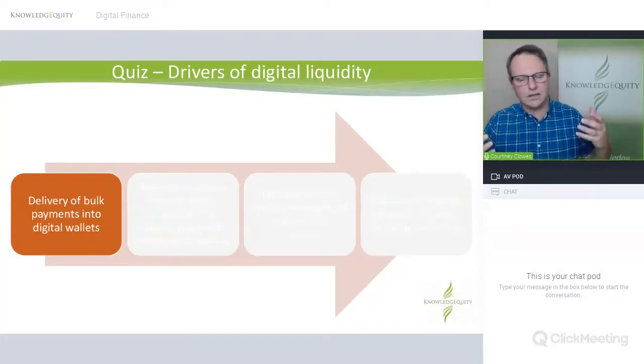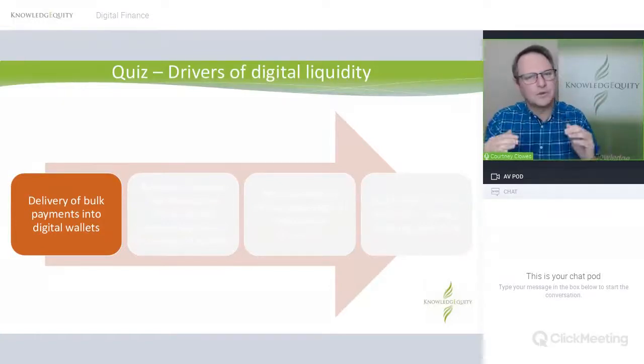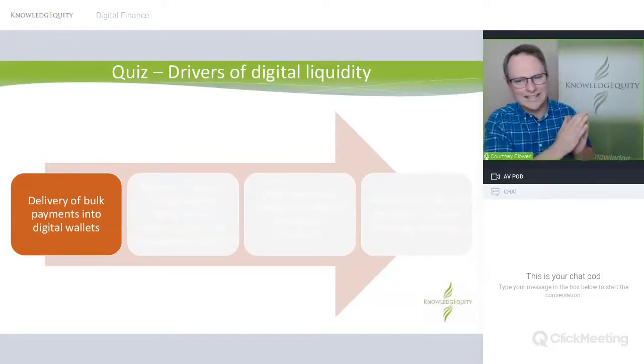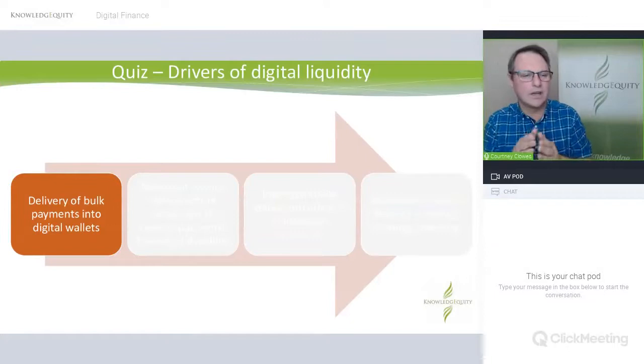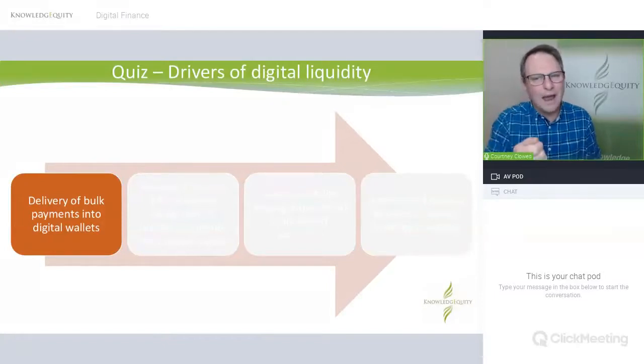So I mentioned earlier this idea of the barter system making it difficult. So as we move towards cash, you can buy and trade and sell and store value much more easily. In the same way, to have digital liquidity now, we need, first of all, the payments to be able to go into digital wallets. So each week or each month, people's payroll gets done. You might be involved in doing that. Cash gets put into someone's bank account.